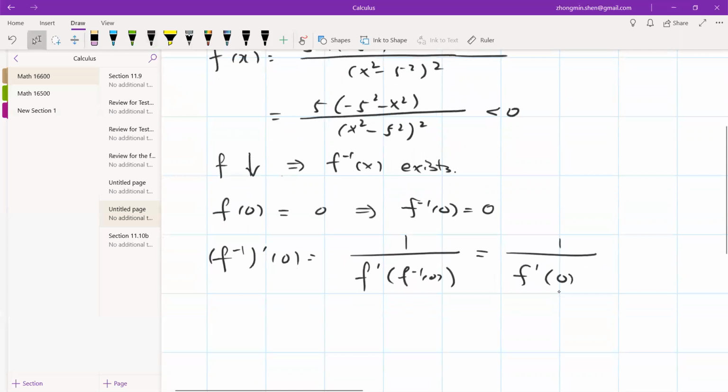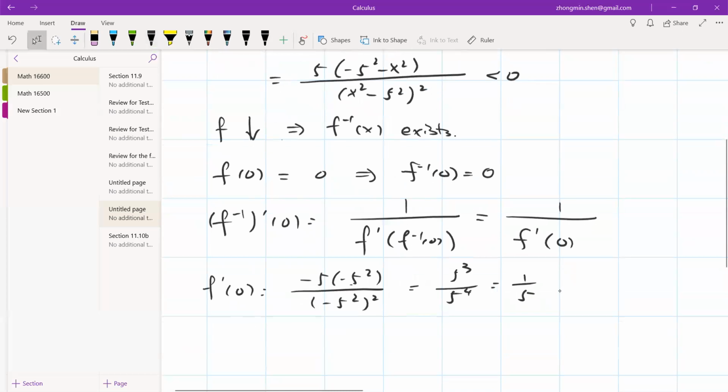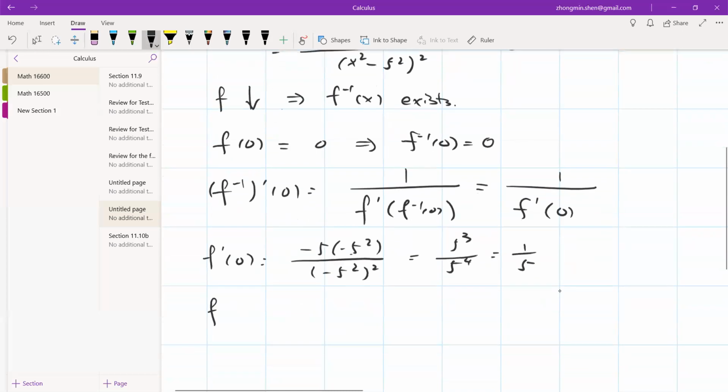Looking at the above expression, it's going to be 5 times negative 5 squared, minus 0, and here negative 5 squared, squared. The numerator is positive, the denominator is positive. So 5 cubed over 5 to the 4th power is 1 over 5. That's the derivative at 0. Finally, you will get the answer 1 over 5.